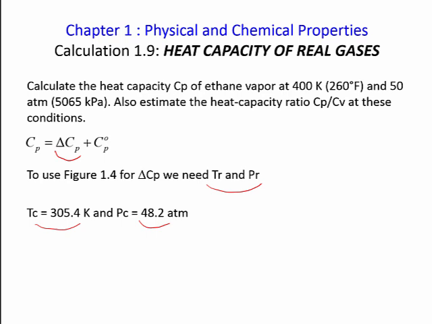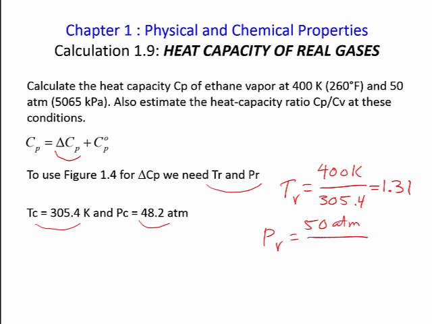We can calculate Tr by dividing 400 Kelvin by the critical temperature of 305.4. This will give us a Tr value of 1.31. Pr is calculated by dividing 50 atmosphere over the critical pressure of 48.2 atmosphere. This will give us 1.044 Pr.